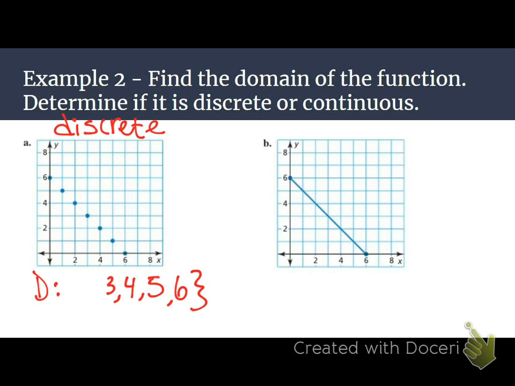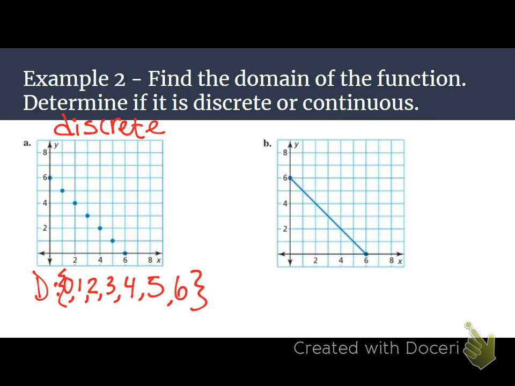I'm running out of space because we're going backwards here. 2, 1, and 0. So we have an x value up here, and then at 1, 2, all the way over until we get to 6. We do not see a point for, let's say, 1.5. Okay? So we only have very specific values.